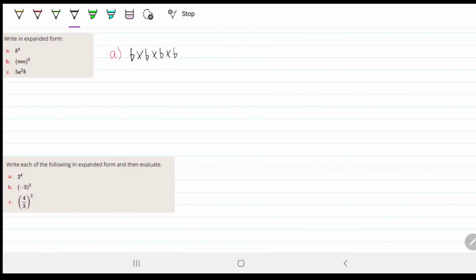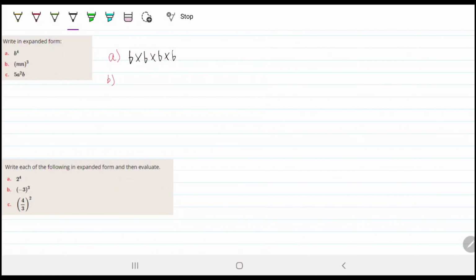So you can see that we see b 4 times in this question. So in example b, we have mn to the power of 3. So this would be the same thing as saying mn multiplied by mn multiplied by mn, a total of 3 times in expanded form.